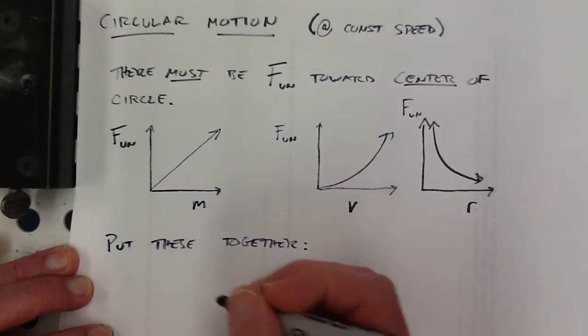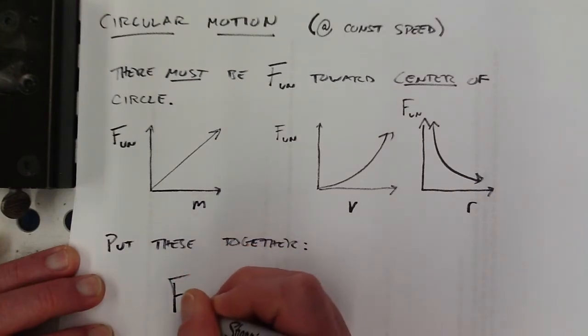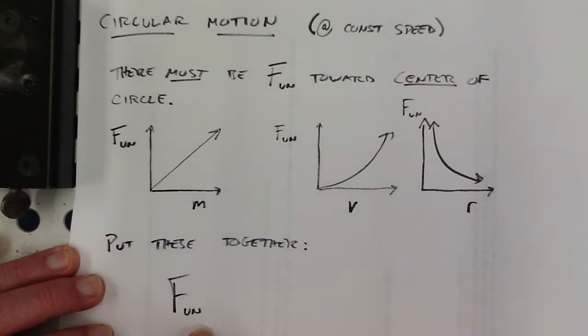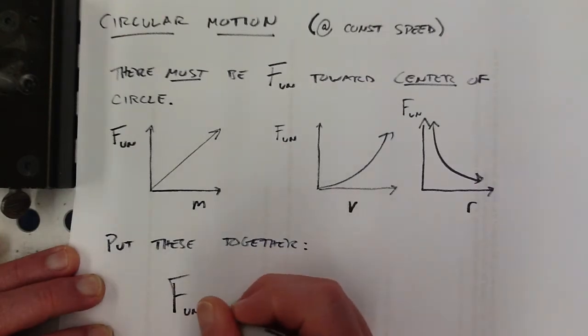then we have unbalanced force. Now, I'm not just going to write unbalanced force here because we know unbalanced force equals mass times acceleration, Newton's second law. This is specifically for circular motion.